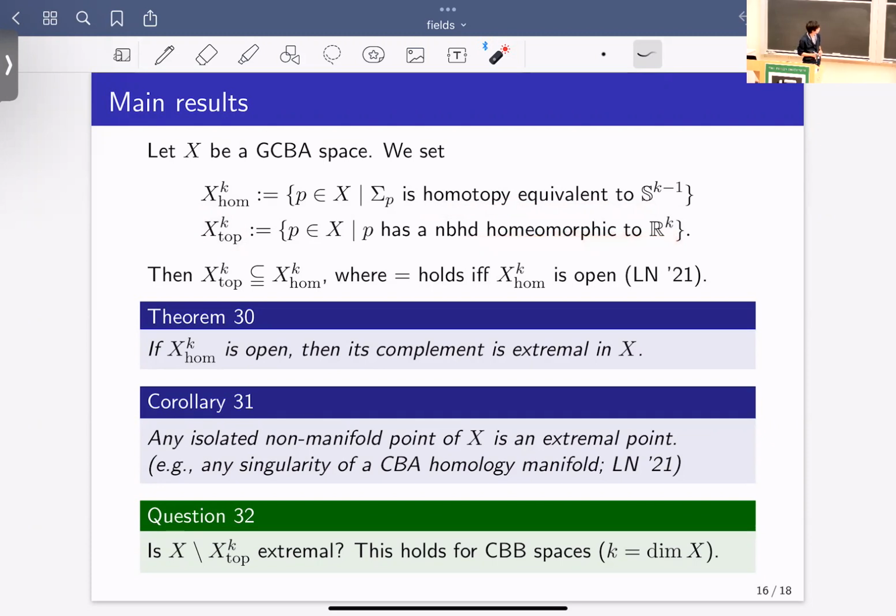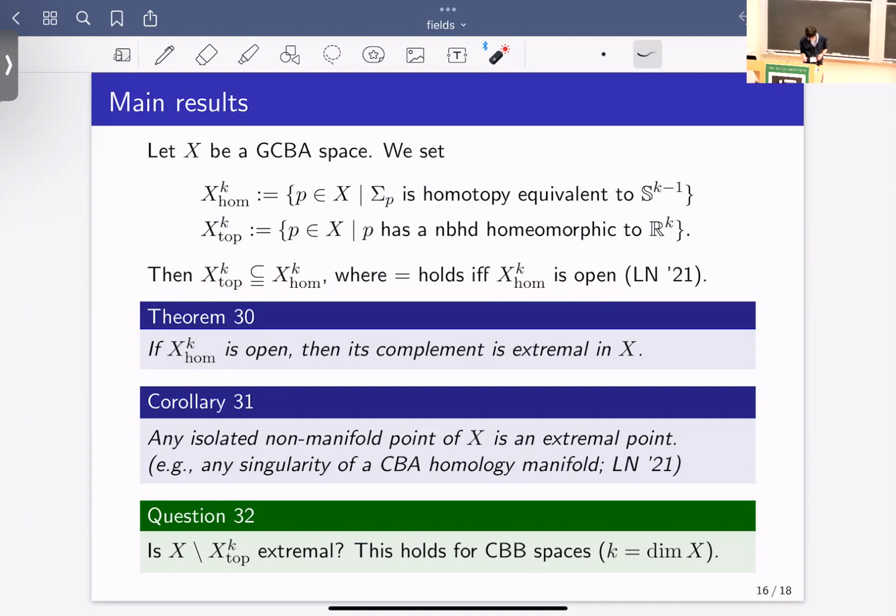Okay. Then X_k^top is contained in X_k^hom, and the equality holds if and only if X_k^hom is open. This is a consequence of the topological irregularity theorem of Lytchak and Nagano that I mentioned earlier.